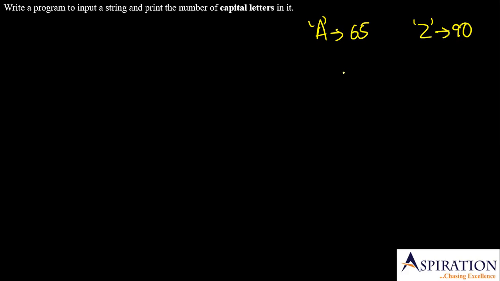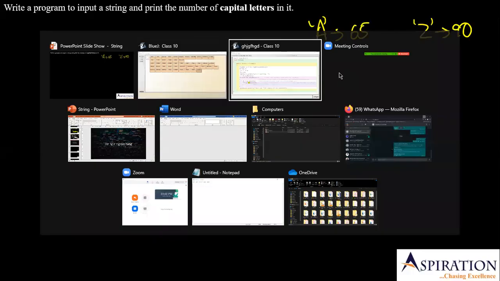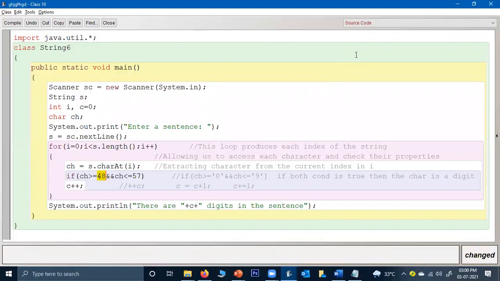So if any character has an ASCII value that lies between 65 and 90, we call that, or basically it is a capital letter. So we'll check if it is greater than equal to A and if it is less than equal to Z. आप numbers भी दे सकते हैं, ऐसा कोई बात नहीं है. दोनों में से कोई एक चीज करिए, कोई फर्क नहीं पड़ता है. It is going to do the same thing. So we'll say there are C capital letters in the sentence. That's it.